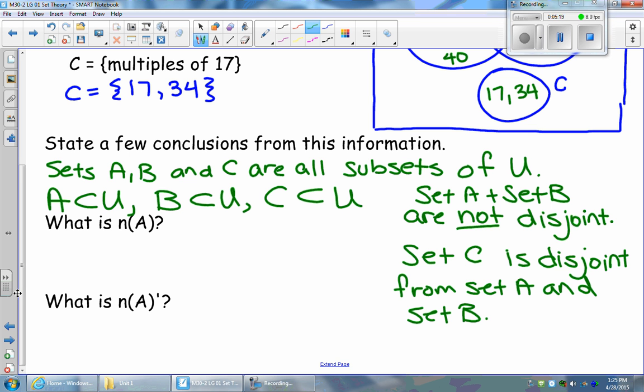Now the next question asks us, what is n of A? Now remember that this notation means what is the number of elements in set A?